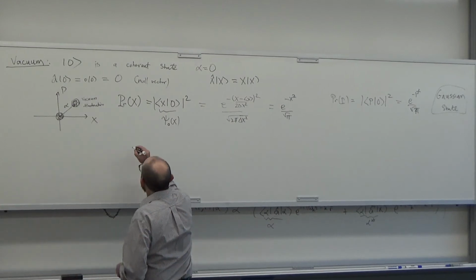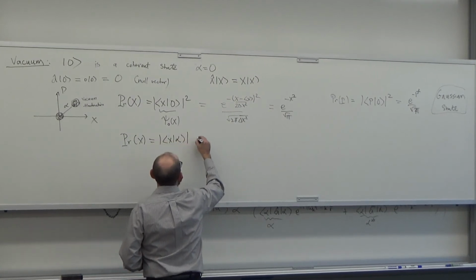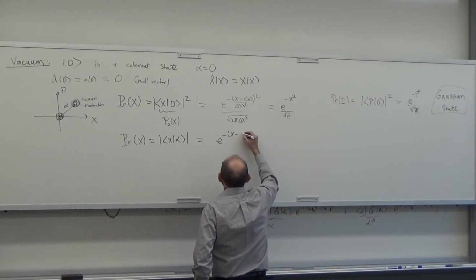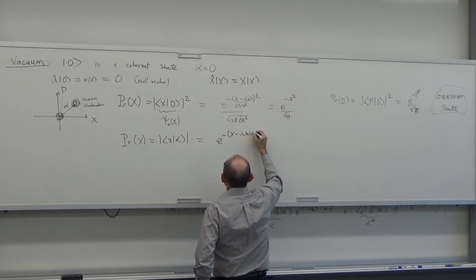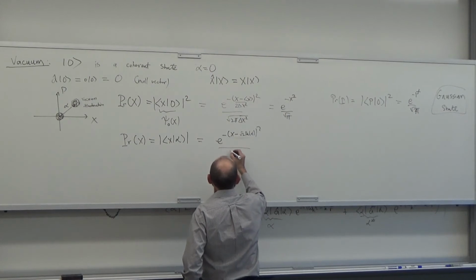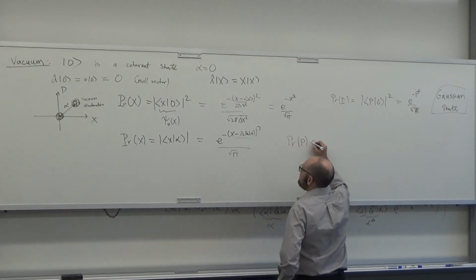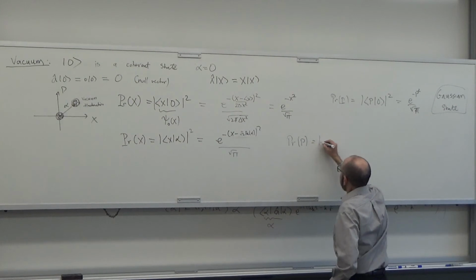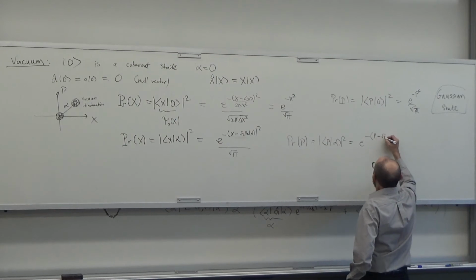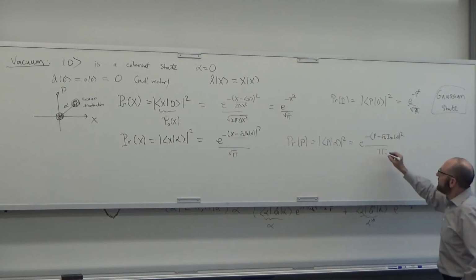So just to be clear about this, I should say that if I were to look at the coherent state for an arbitrary alpha, this would equal... so it's just a Gaussian displaced to a different point in phase space.